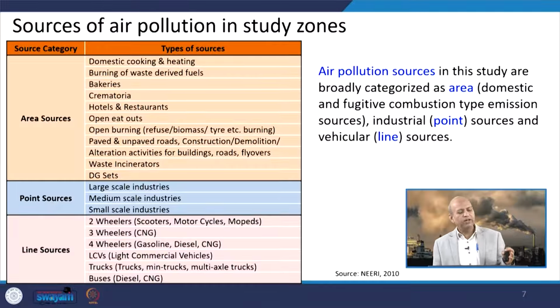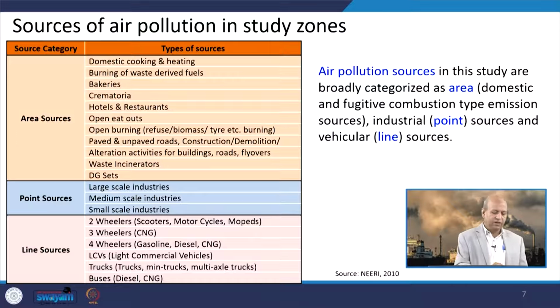If we go by different sources like area sources, these include domestic cooking or heating, then burning of waste derived fuels like residues etc., then bakeries or hotels, restaurants etc. have been incorporated in point source.